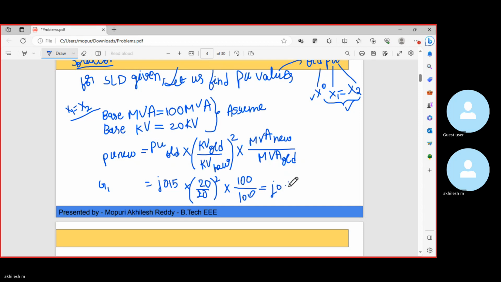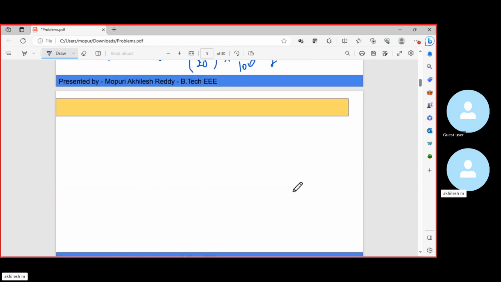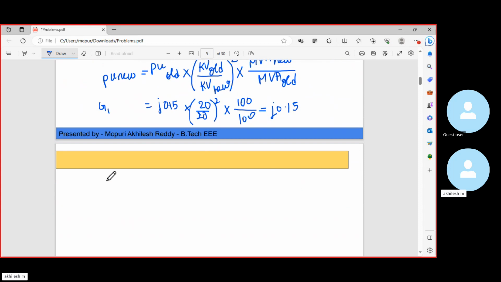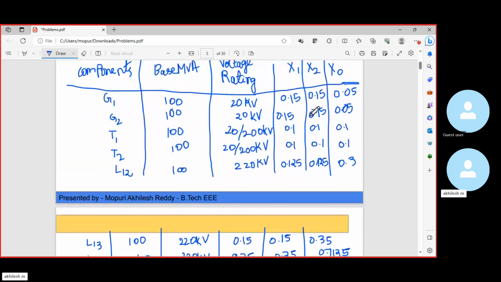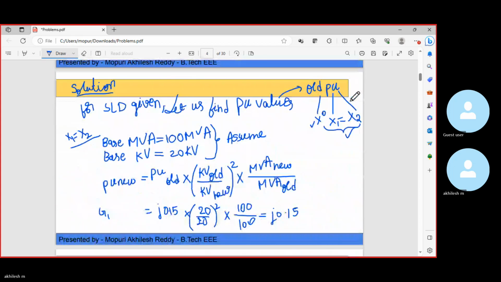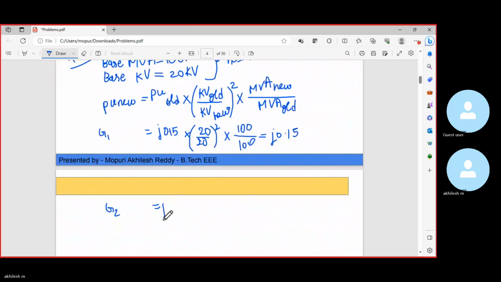Similarly, coming to the generator 2, let us find out the same thing. For generator 2 also, it is 0.15 only, X1 and X2. j0.15 into, again it is 20 kV only.